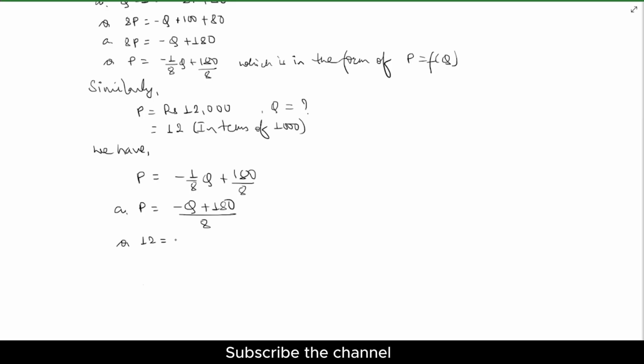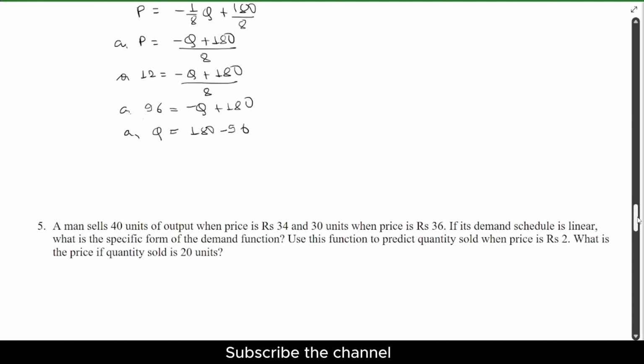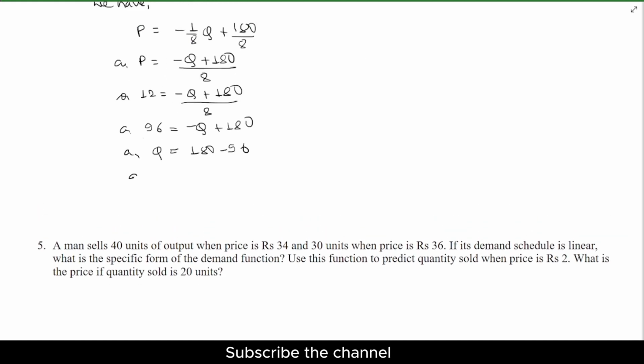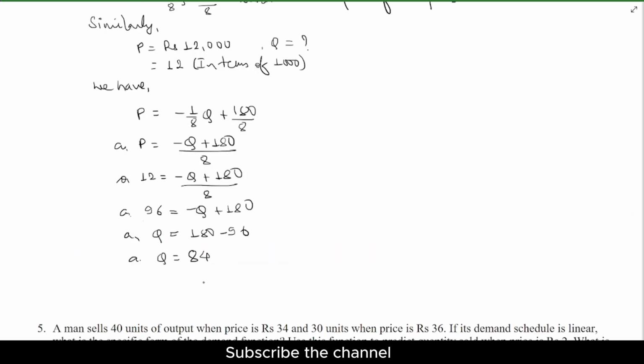We'll multiply 12 into 8, which is 96, equals minus q plus 180, or q equals 180 minus 96, which is 84. Q equals 84.